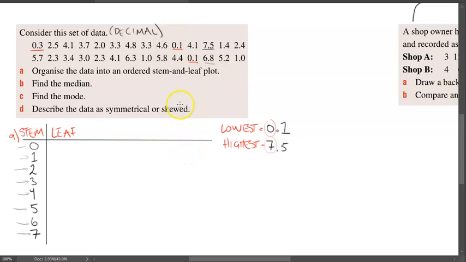Then, not in the order that we found them, but rather in numerical order, we are going to list the numbers after the decimal point. We don't need the 0 points because that has been considered as our stem. So our leaves in this case are a 1, another 1, and a 3.